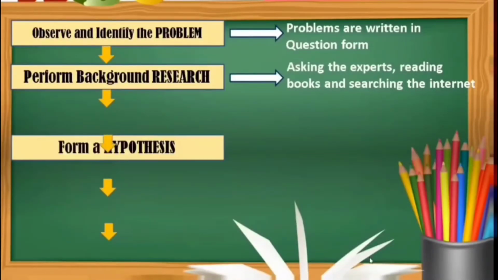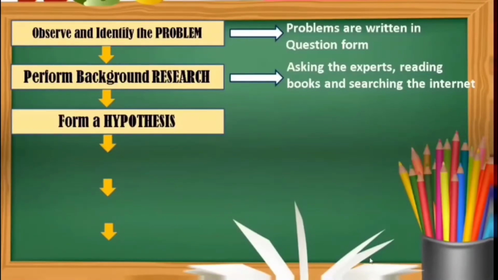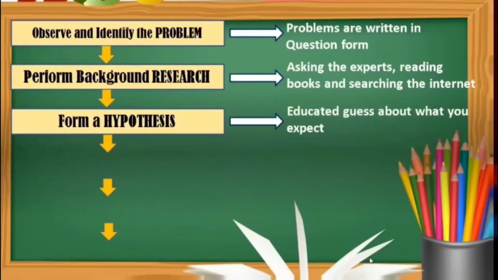A hypothesis is an educated guess, meaning it is based on your research. From the research you have done, what do you think is the temporary answer for the problem that you wanted to solve? You can formulate a hypothesis as an if-then statement.